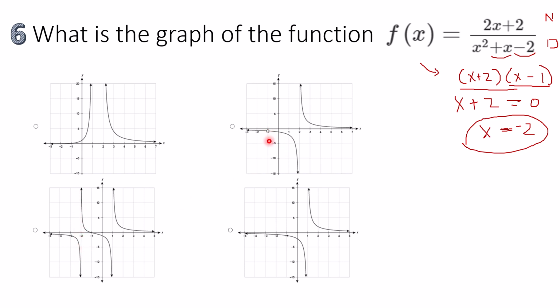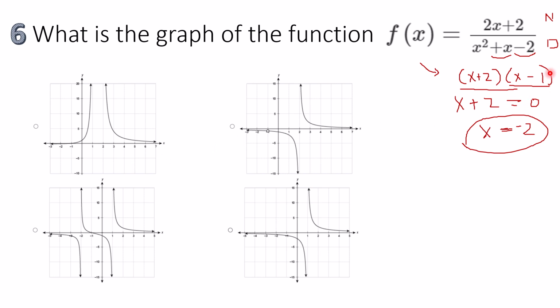At negative 2, this is negative 1. We have a hole at negative 1, but not at negative 2. So this is out. If we draw a vertical line right there at negative 2, that's out. This is the only one that would have a hole or a vertical asymptote at negative 2.